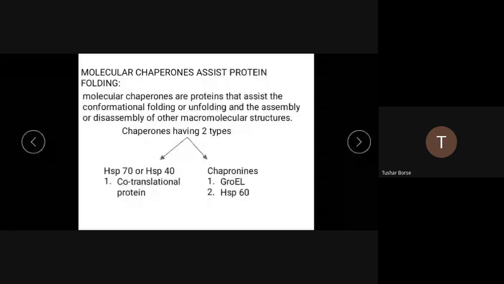This shows how GroEL is working. When an unfolded protein is in contact with GroES, then GroES is reduced and the protein gets attached to the upper part of GroEL.